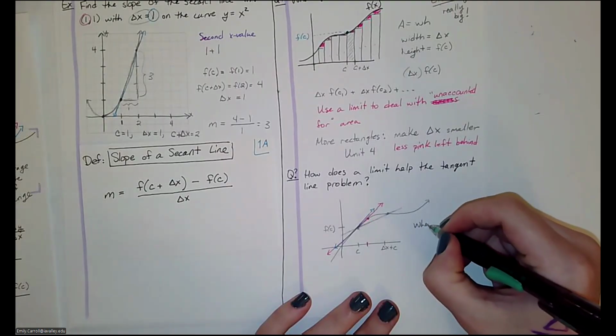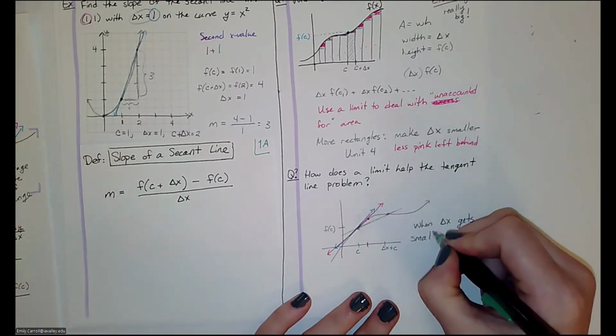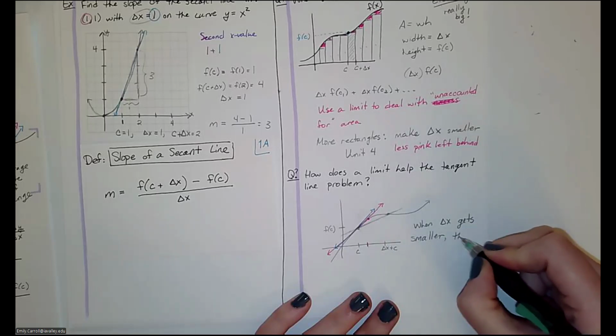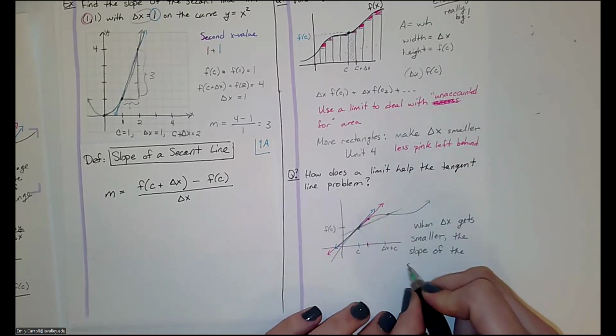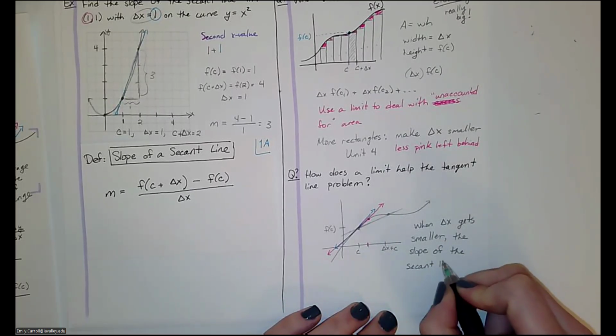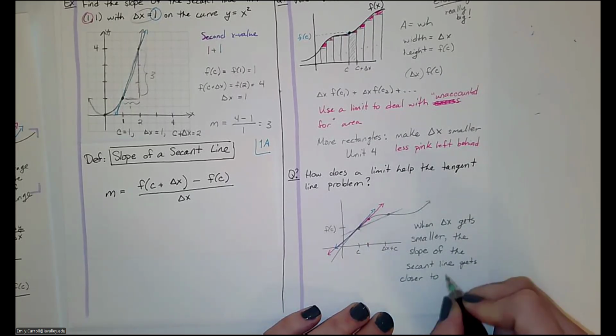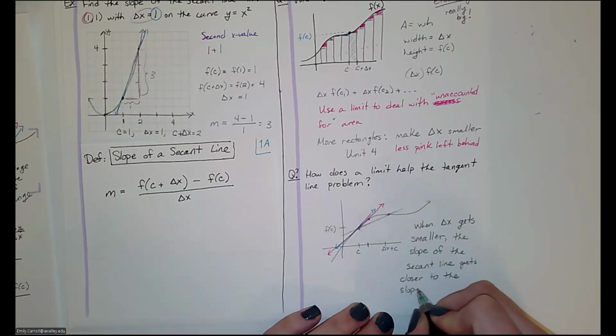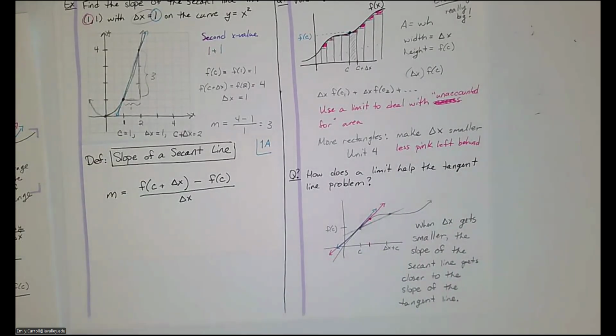So when delta x gets smaller, the slope of the secant line gets closer to the slope of the tangent line. And there we have it.